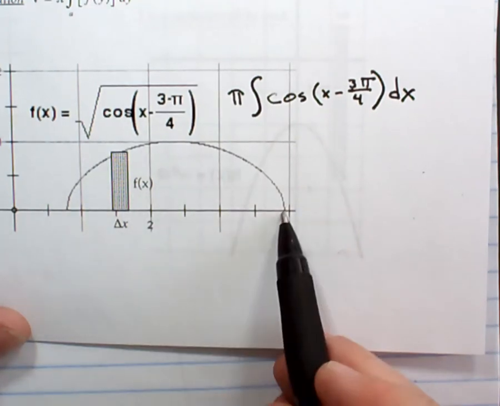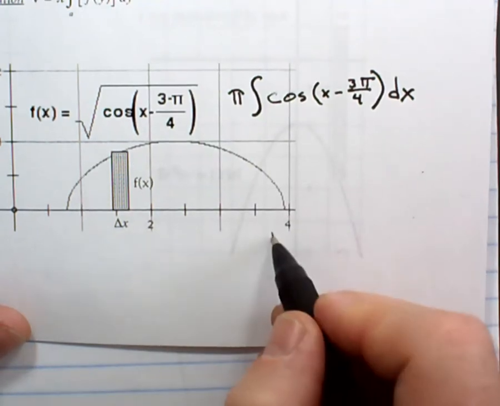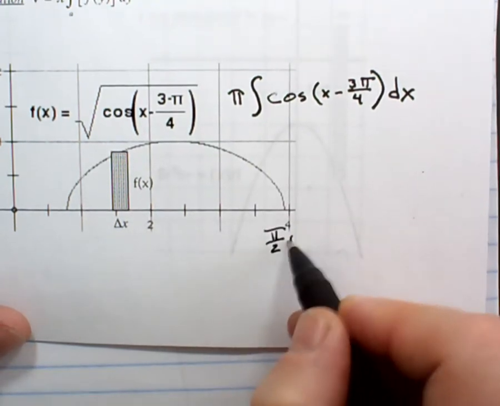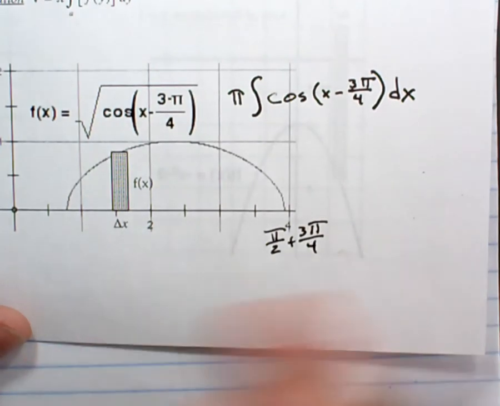So where was this? Where is cosine 0 normally? Pi over 2, right? So that means this has to be pi over 2 plus 3 pi over 4. Would you agree with that? Because it shifts to the right that far? Roman, would you agree with that?